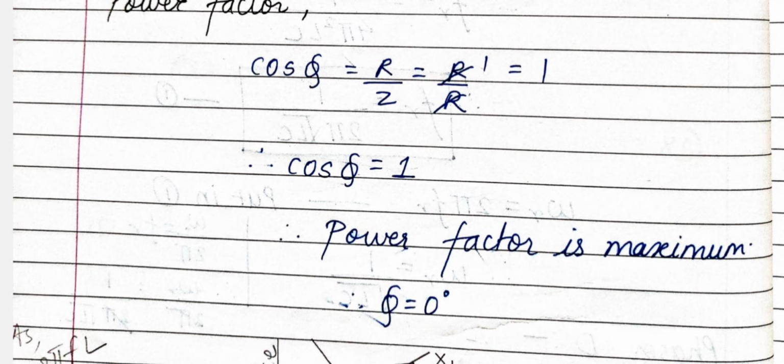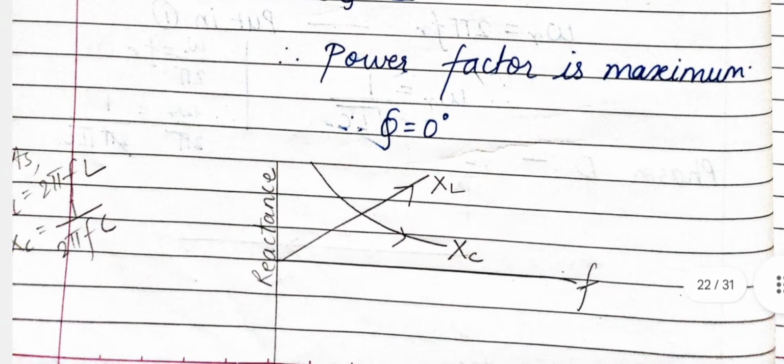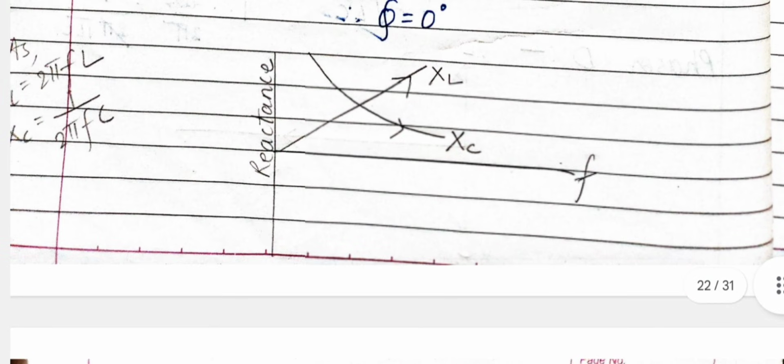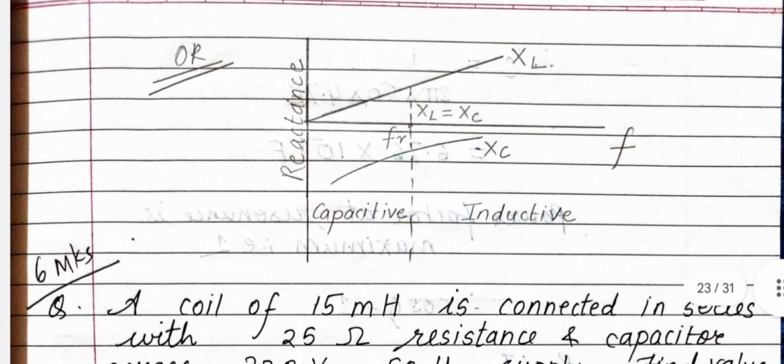As it is 1, it is maximum. So in numericals also, if the question is for resonance RLC circuit, you don't have to calculate cos phi, because we know by the derivation cos phi is equal to 1, and it is always 1 in resonance RLC circuit. Also remember that power factor is maximum in this.